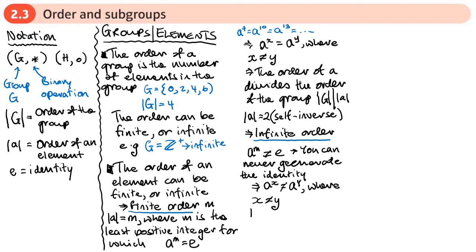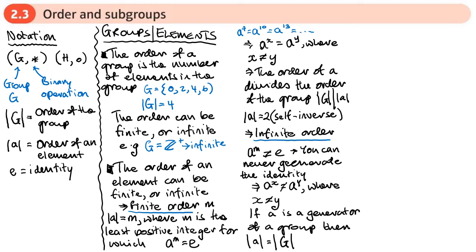So if A is a generator of a group, remember a generator basically generates all the elements in a group, then the order of that element equals the order of the group.